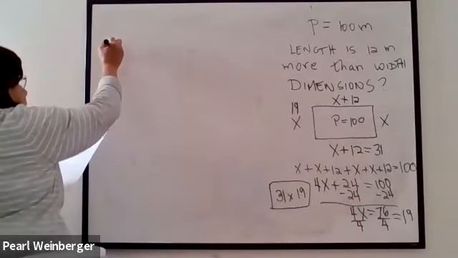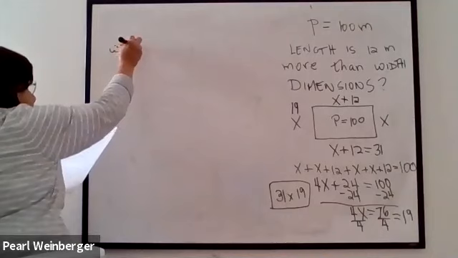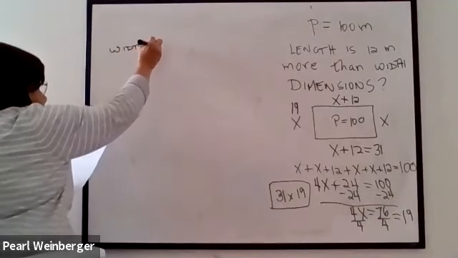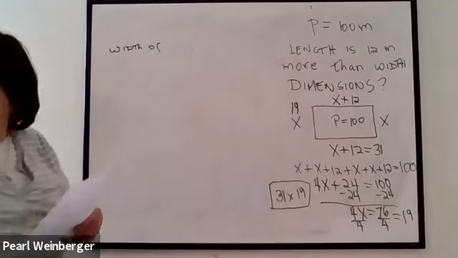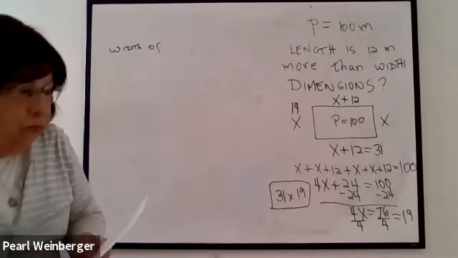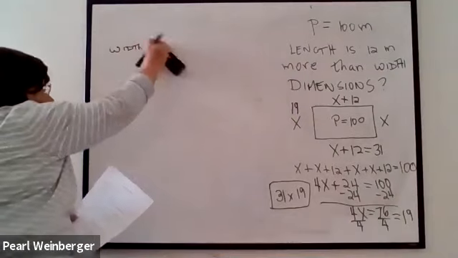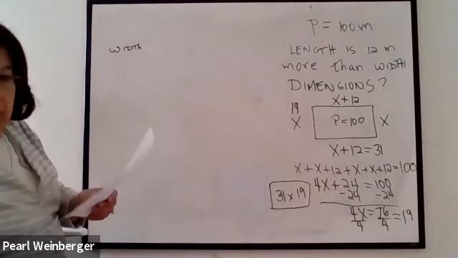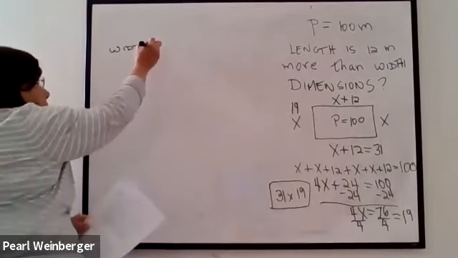Okay, the width of a rectangle, well, let's just call it the width, is 5 less than the length.